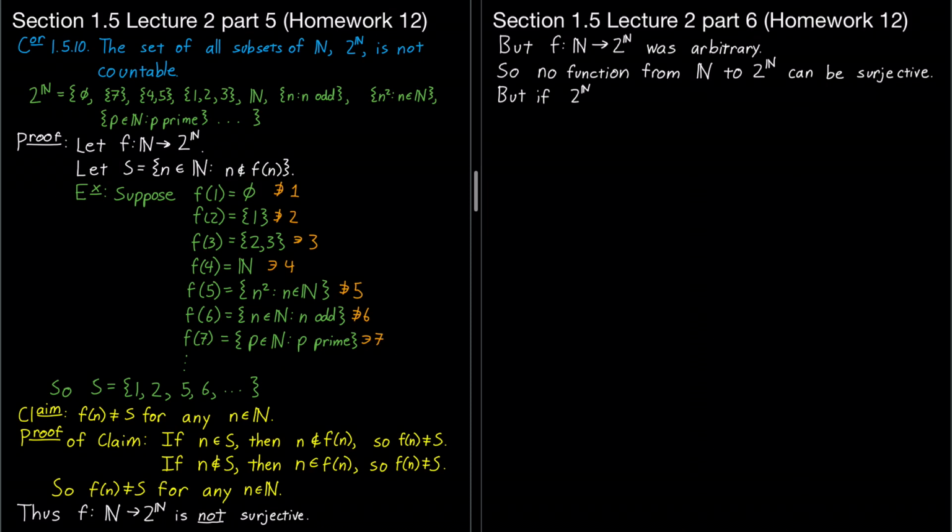But if 2 to the N were countable, there would have to be a surjection whose domain is N and whose range is the power set 2 to the N, and that is impossible. And so 2 to the N is not countable.